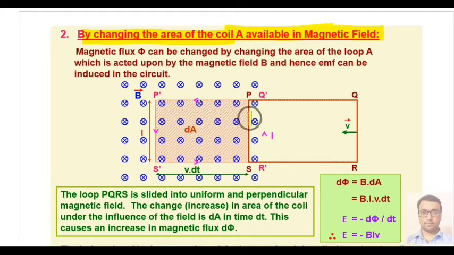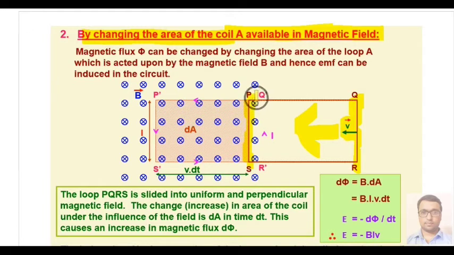So how do you change the area? We have a metallic rod, say PS or QR, moving with some velocity V towards the left.